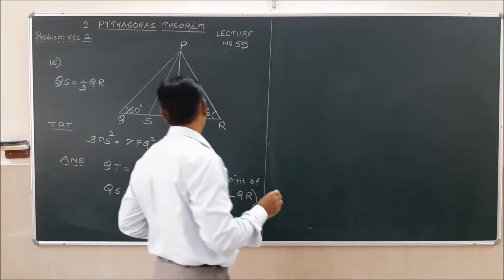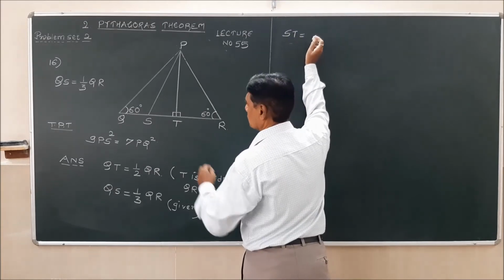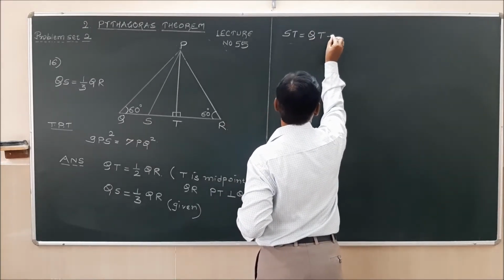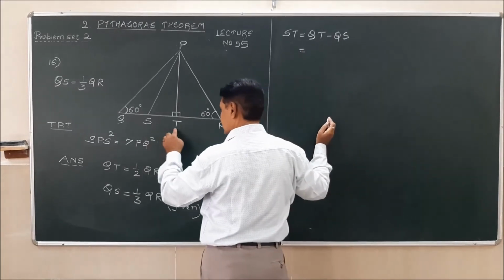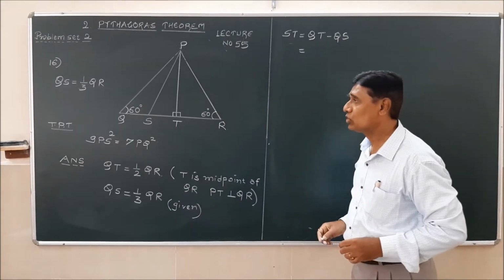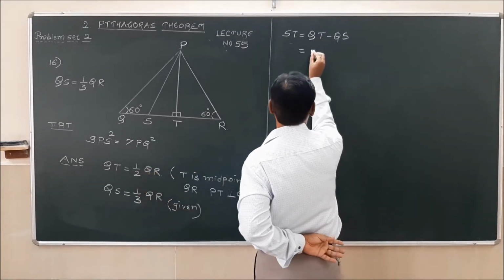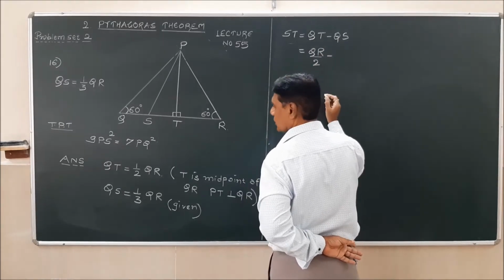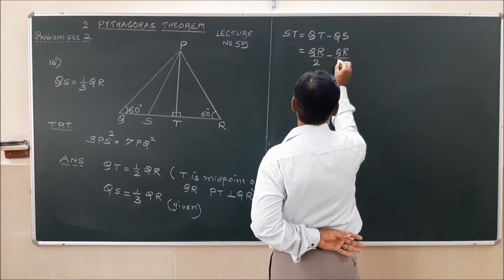Now please look here. ST is equal to QT minus QS. That is, QT is QR upon 2, minus QS, which is QR upon 3.